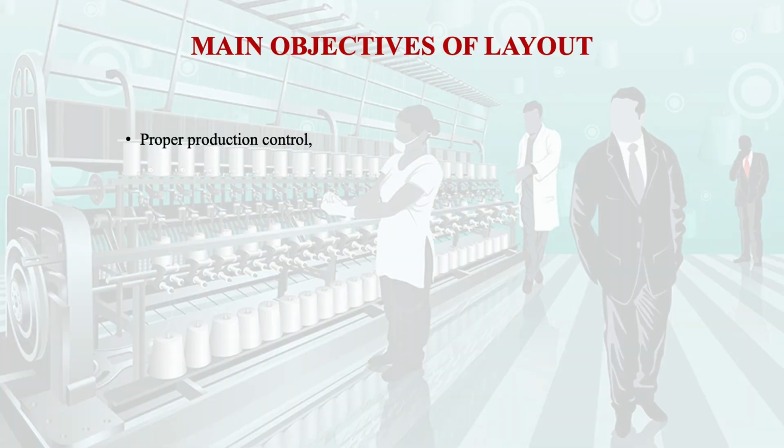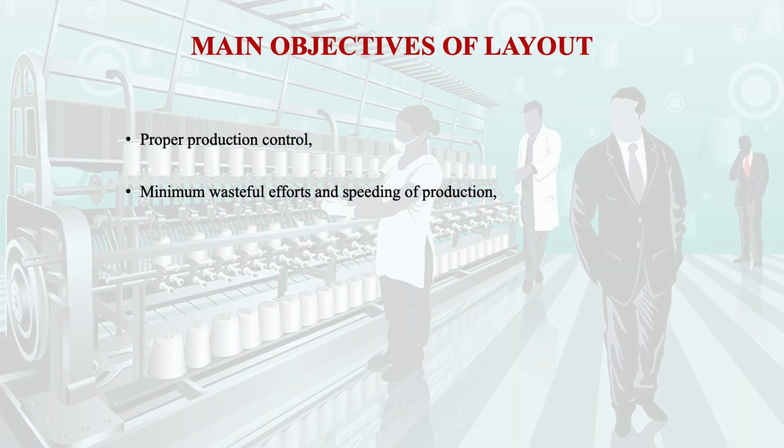Proper production control. If you have visibility of the shop floor, you can better control your production. Similarly, you should make an effort to minimize wasteful efforts, for example, searching for a tool or different accessories which are required for production, and speeding up production should be the main objective.